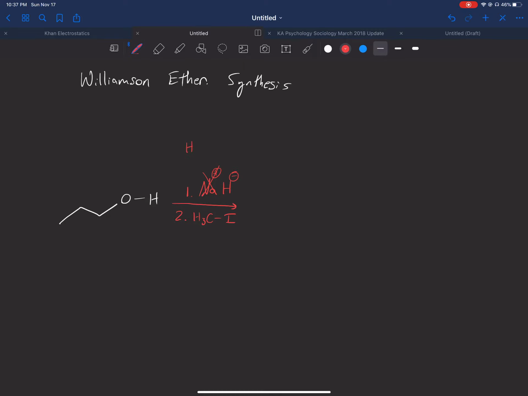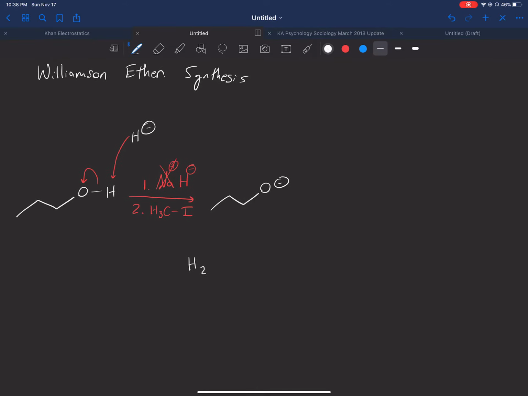H minus is a really good base, and we have an acidic hydrogen on our alcohol, so it attacks this H, this bond breaks, and it deprotonates it, giving O minus and H2. That's step 1. In step 2, we use our H3CI, and the O minus is a good nucleophile, so it attacks that carbon and kicks out the iodine. Remember, iodine is a good leaving group. And we get this.